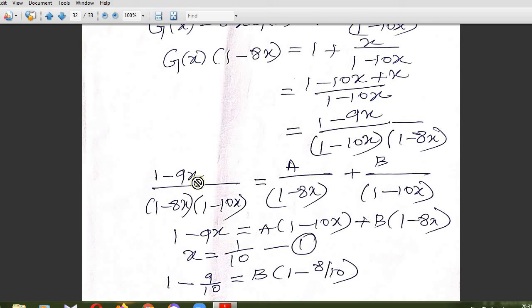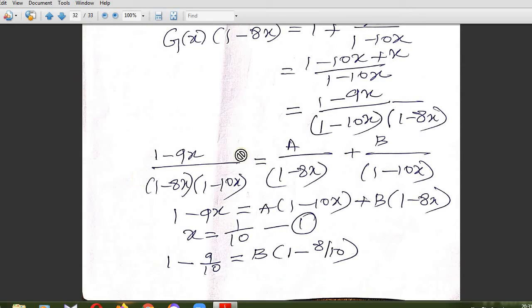On the right hand side we are partially factorizing, partial fraction. So this we can write as a by 1 minus 8x plus b by 1 minus 10x. Now take the numerator after cross multiplication.